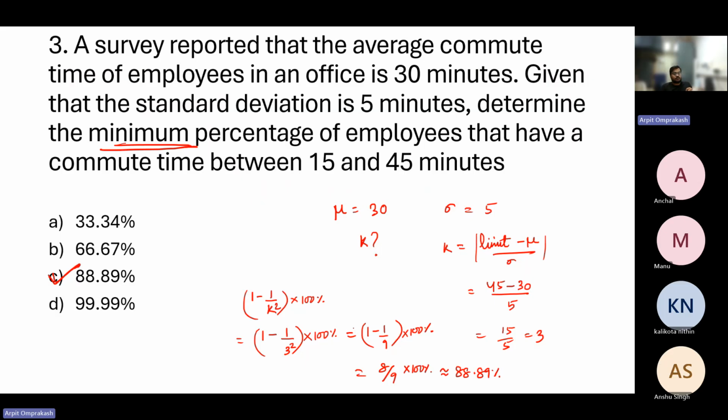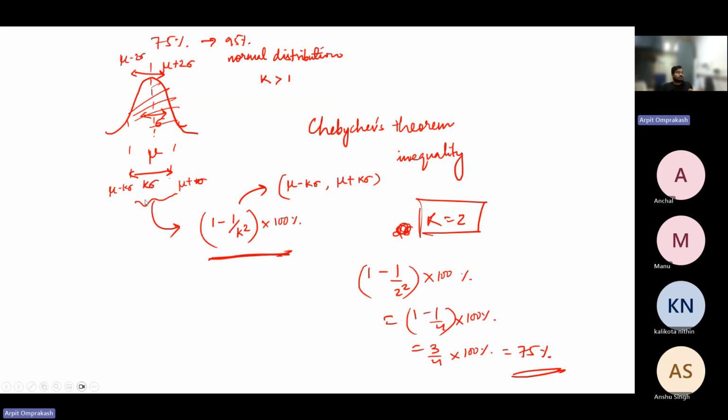So what we need to do here is basically use Chebyshev's theorem. What that tells us is that for any distribution within k standard deviations, the percentage of data that we'll have is 1 minus 1 by k square into 100%.